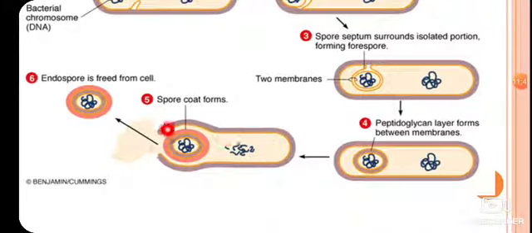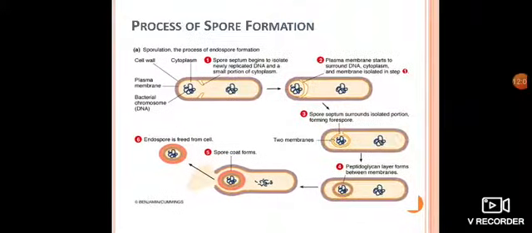After the spore coat is formed, the spore is ejected from the host bacterial cell, where the basic bacterial cell gets killed, and the endospore is free from the cell. That is the last step carried out in spore formation. So these 6 steps are observed in this diagram, and here we discussed the formation of spore.